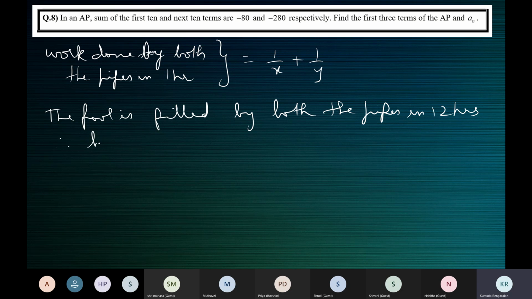Therefore, both the pipes' 1 hour's work will be 1 by 12.